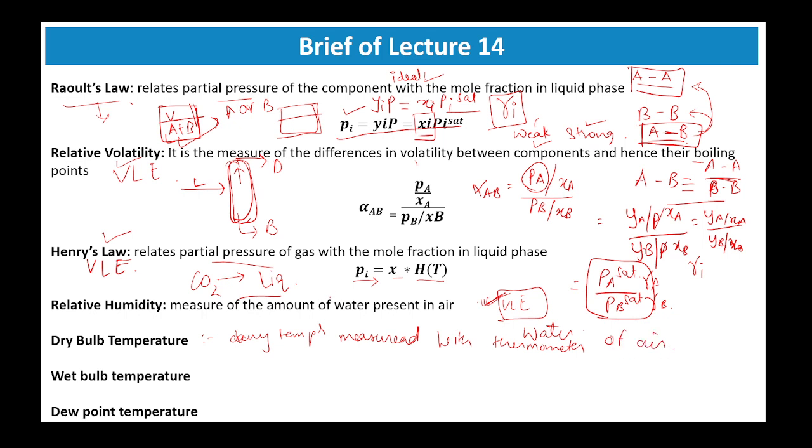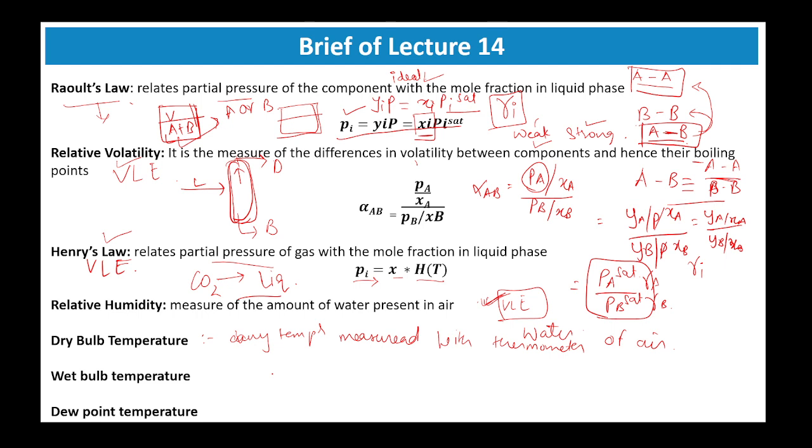Now if you stay near some ocean, or in areas like the Mumbai coastal region, or if you stay in some dry region away from the coastline, then there will be a difference in the humidity.